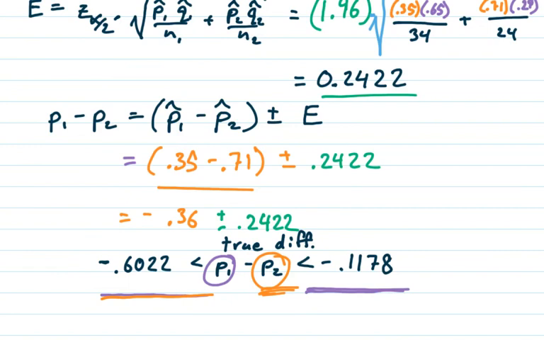So notice that doesn't include zero. It's always negative. That means no matter what the actual difference is, it's negative. That means that this proportion truly is lower than this proportion here. And that's the same conclusion that we came to when we performed our hypothesis test.